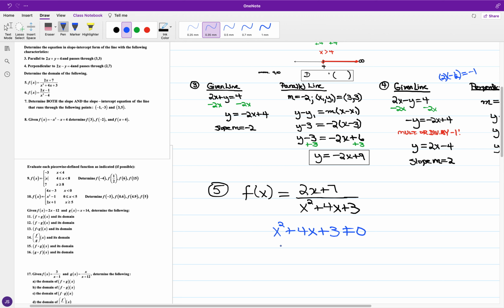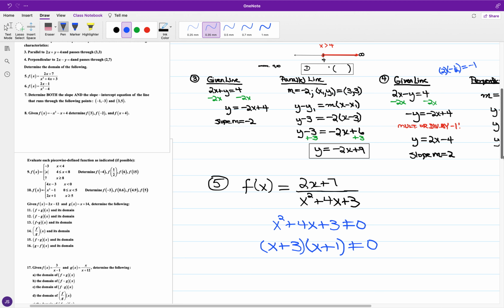So we have x squared plus 4x plus 3, and here we have a factorable trinomial, and the binomials that will multiply into it are x plus 3 and x plus 1, and neither of these factors can be 0.